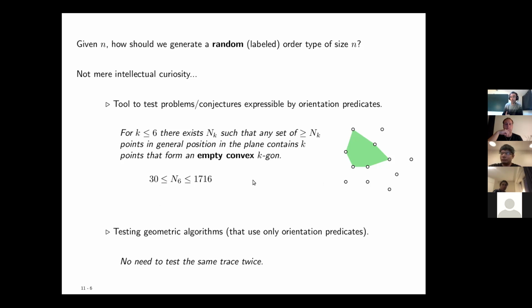And another reason: if you want to do some random testing on a geometric algorithm, checking that all the branches are sound, you don't want to test the same trace twice. And so what you really want to try is not necessarily random inputs, but random sets of values on predicates. And if your only predicates are orientation, then you want to sample random order types.